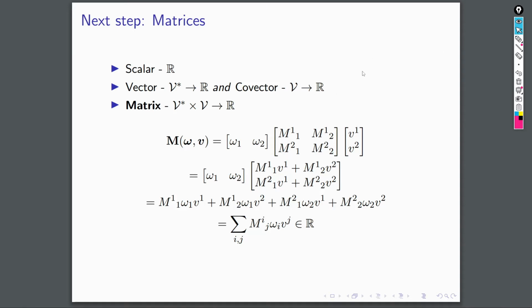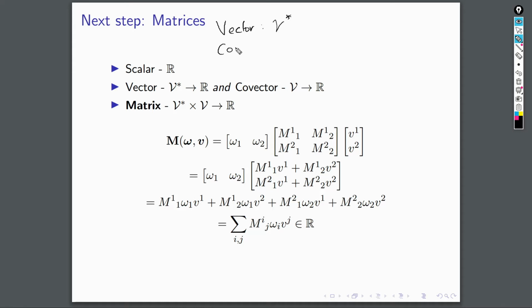So let's review, right? So the vector took in one copy of the dual space.